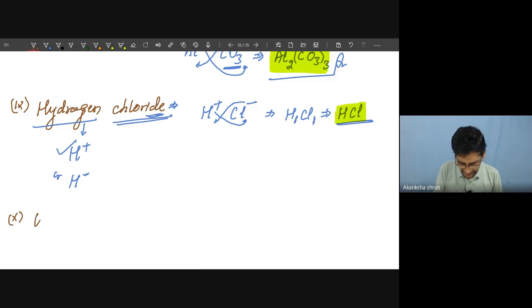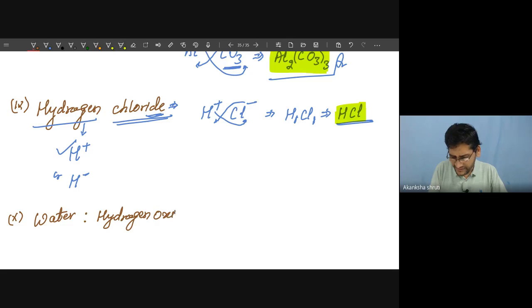The 10th one is our water. Water is nothing but hydrogen oxide. Okay, it is our hydrogen oxide. It is this one only.